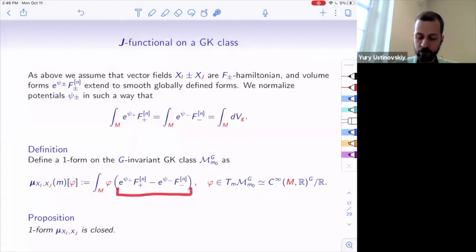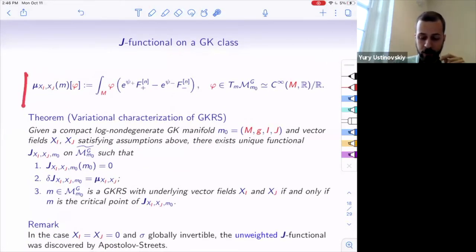So we integrate the difference between these two volume forms multiplied by phi over your manifold. And the key proposition, the heart of why the method works, is that this one form mu happens to be closed. And being closed, you can integrate it over a contractible path.